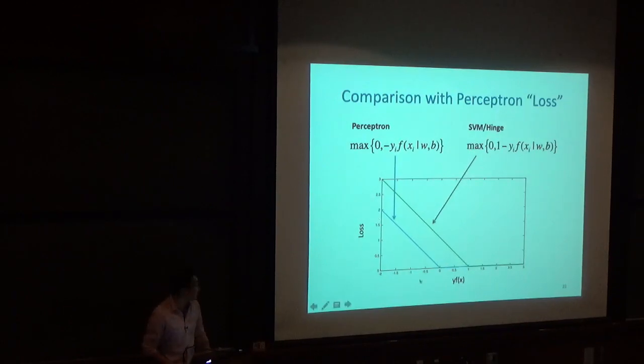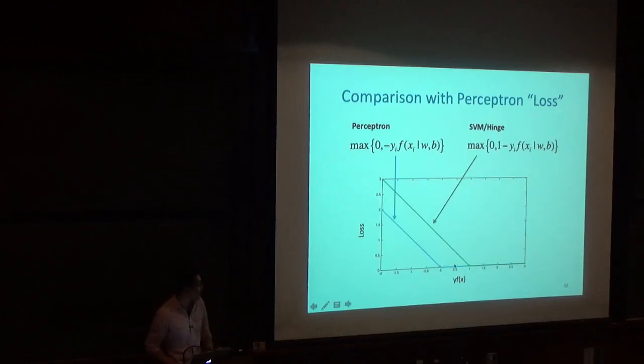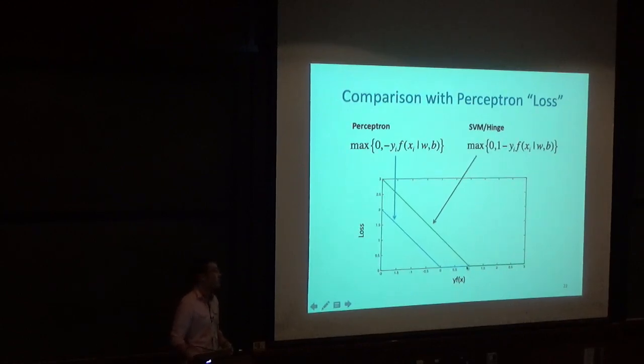The perceptron loss and the hinge loss look very similar to each other. The main difference is that in the perceptron loss, we only start paying a non-zero loss if we actually misclassify. Otherwise, in the hinge loss, we start paying a non-zero loss as soon as our prediction is within the margin of possibly being wrong.